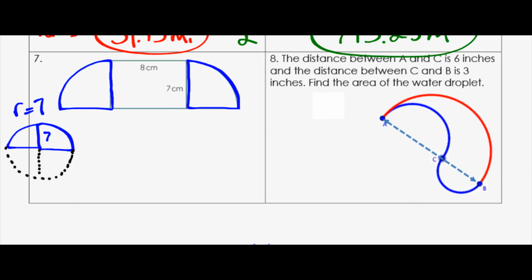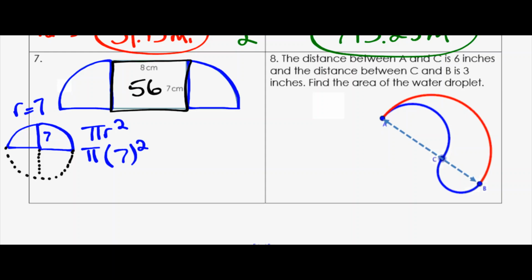And then I have this rectangle in the middle. I'm going to do that real quick. 7 times 8 is 56. Now I just have this half circle left. I'm going to do pi r squared, pi times 7 squared, or pi times 49, which gives me 153.86.